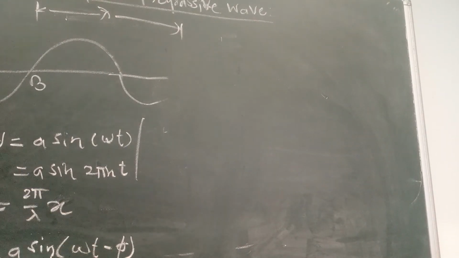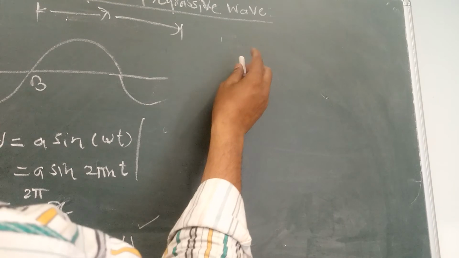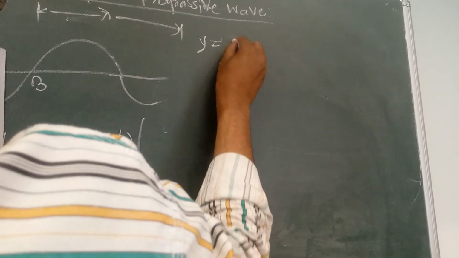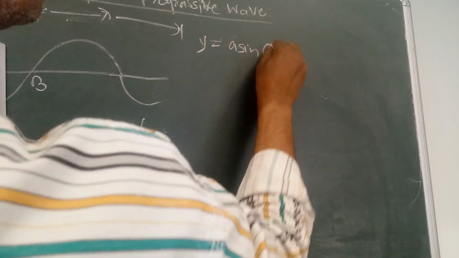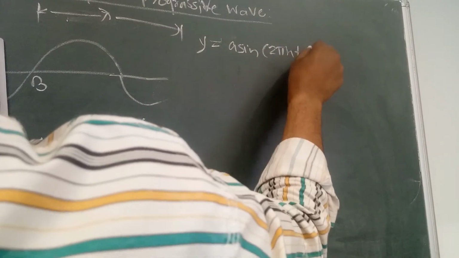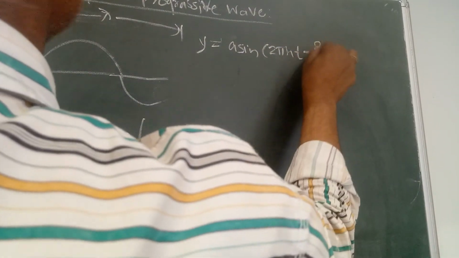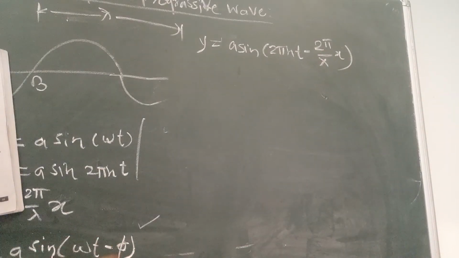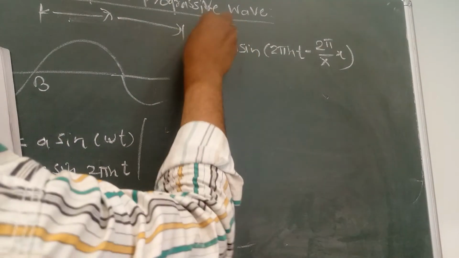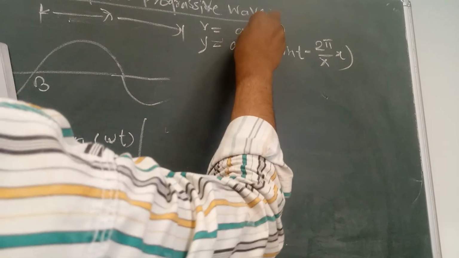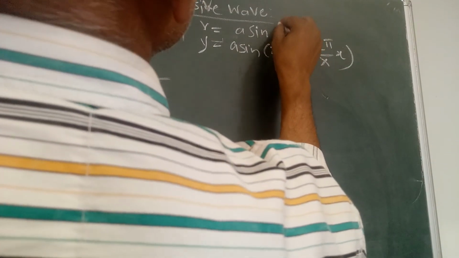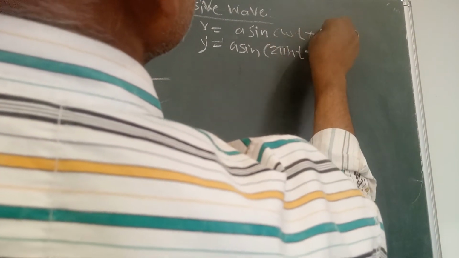Now considering the previous equation, y equals a sine 2 pi n t minus 2 pi upon lambda into x. Putting the value, I write again a sine of omega t minus phi.